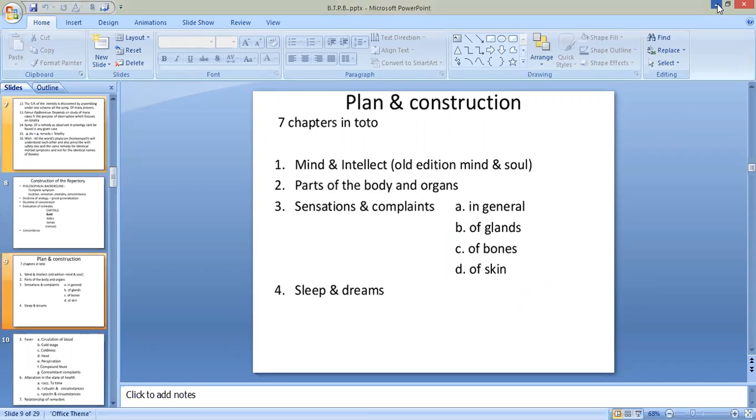In this way, the relationship of the medicines was given under different chapters and sub-chapters.